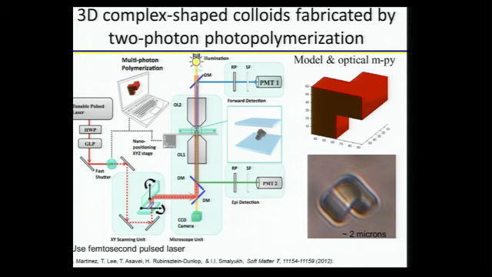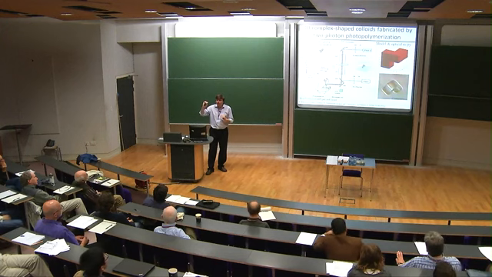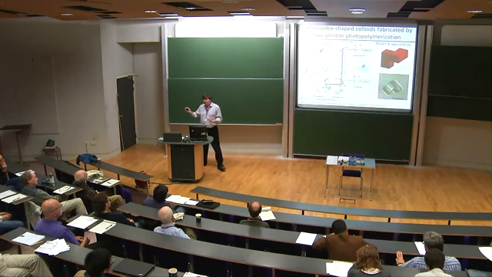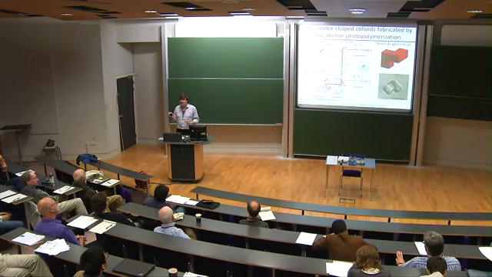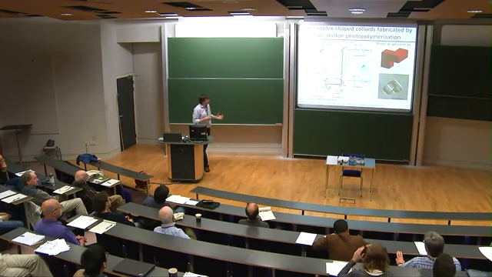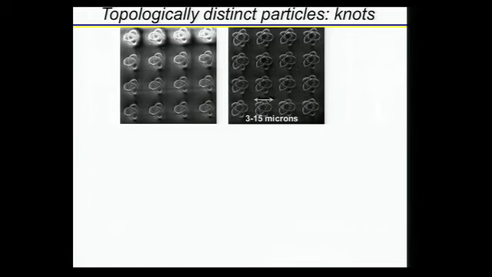Because it's a highly nonlinear process, we can have that absorption happening very locally when we tightly focus laser light, and by simply drawing different structures, moving that focus within the sample, we can polymerize particles of virtually any shape you want, right? So there are no restrictions known to us at this point.